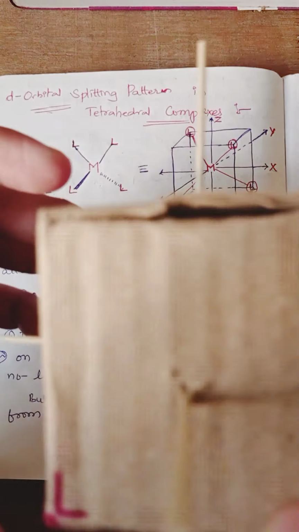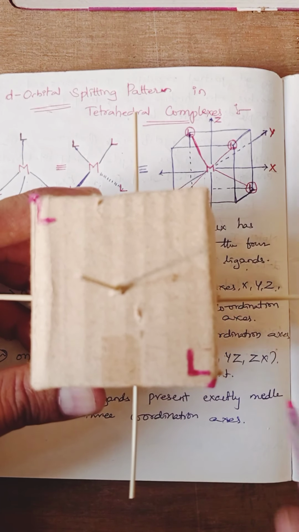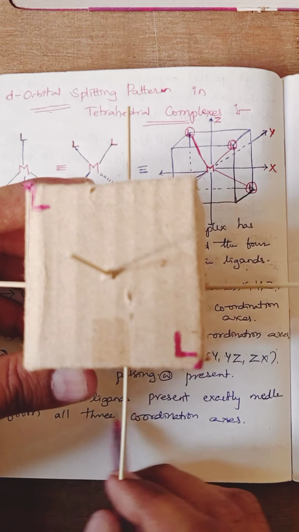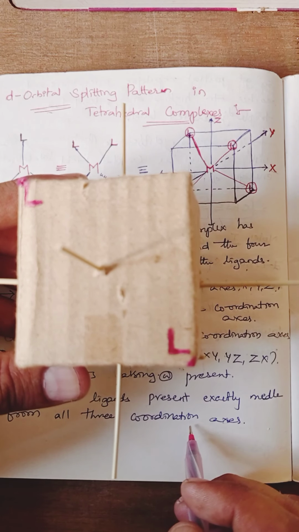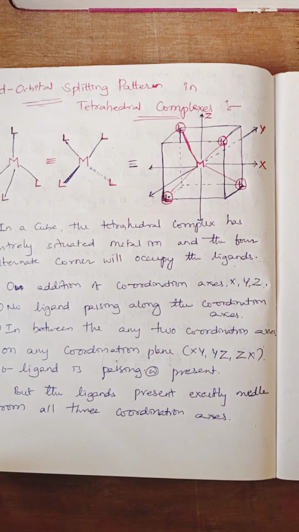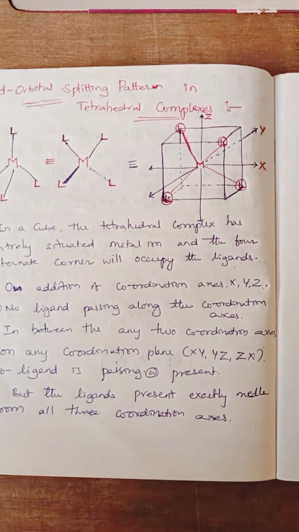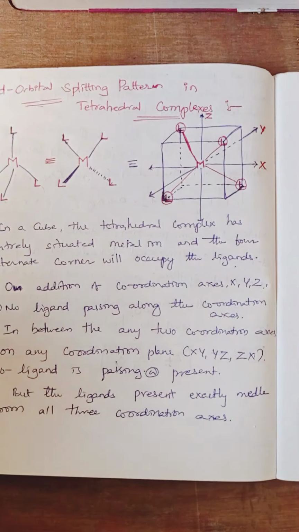Like that, the ligands are positioned with respect to the coordination axes in the middle from all of them, right? This is how the tetrahedral ligands occupy positions in the cube with respect to the coordination axes.